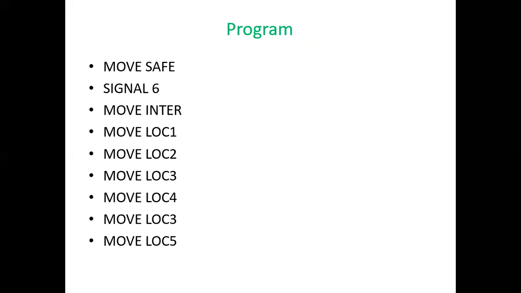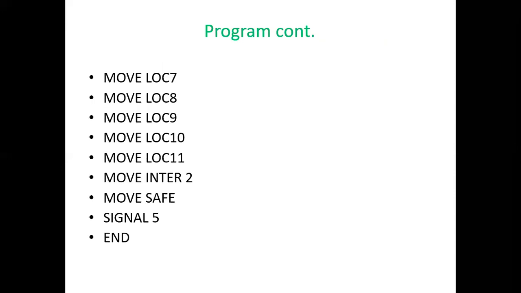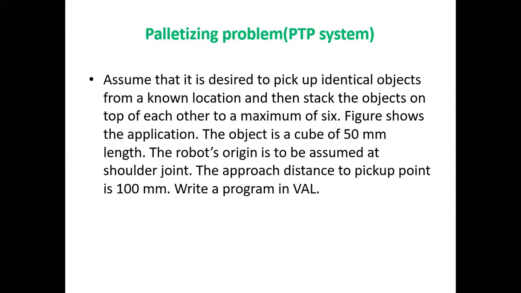Then MOVE INTER 1, then MOVE location 1, location 2, location 3, location 4, location 5, location 6. Then MOVE INTER 1, MOVE SAFE, SIGNAL 5, MOVE SAFE, WAIT 12, SIGNAL 6, then MOVE INTER 2, then MOVE location 6, then 7, 8, 9, 10, 11, 12. Because first we need to put the K, then we need to put the 5 value. Then MOVE SAFE, SIGNAL 5 and END. This is the programming used in the K and 5 model analyzed welding of some objects.